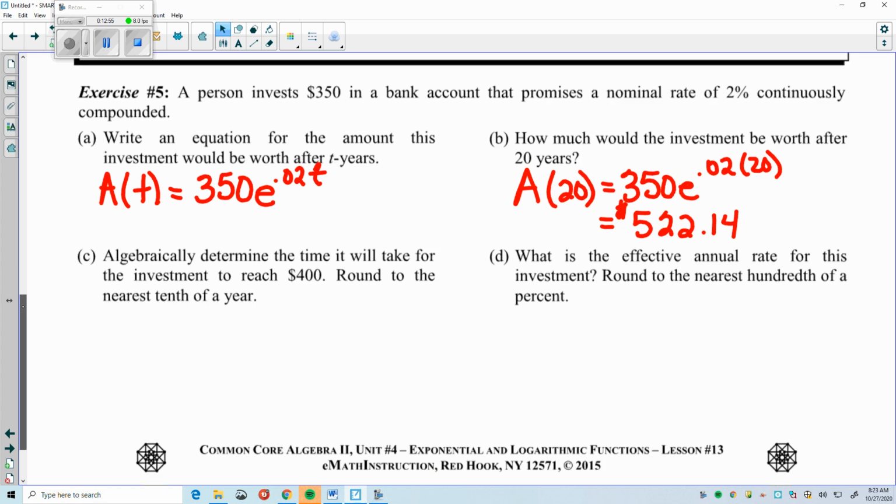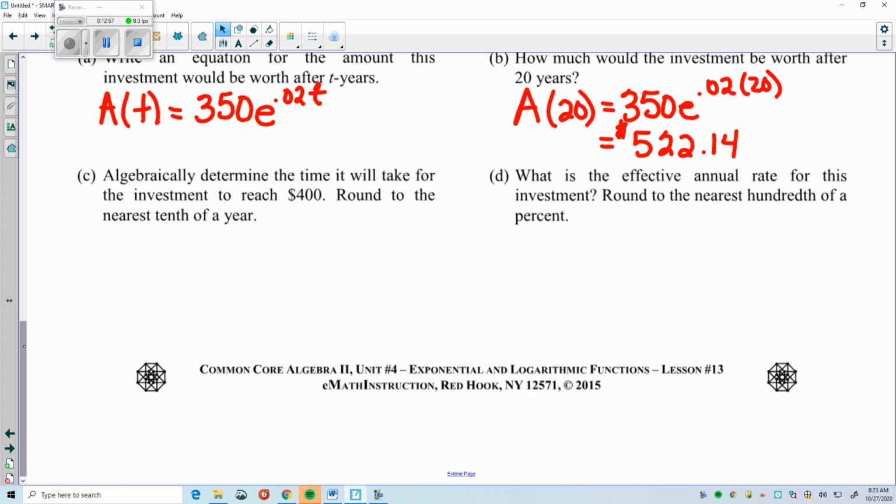Okay, so now it asks us to algebraically determine the time it will take for the investment to reach $400. So I know this 400, this is this value up here, the A of t. So I could say $400, that's what it is. I know my initial investment is $350, compounding continuously at a rate of 2%, and I'm trying to figure out the time.